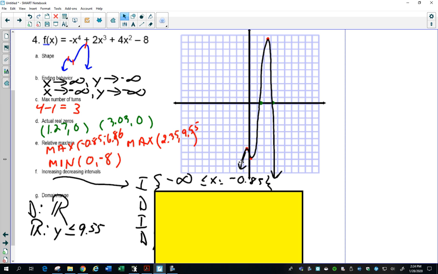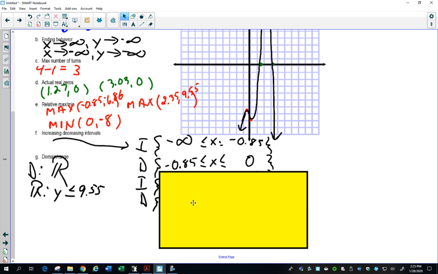We're starting here. If I'm in this quadrant, my x is negative, negative infinity. Going to this turning point, which is this one right here, I just wrote an x, so I use the x, negative 0.85. Whatever I write here gets repeated down here for the next bracket, and I go to the next interval.